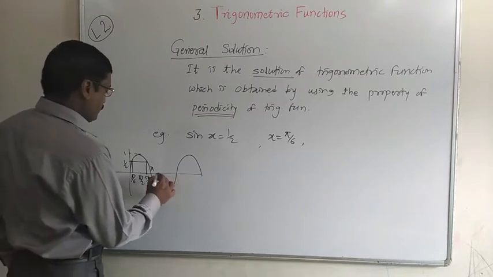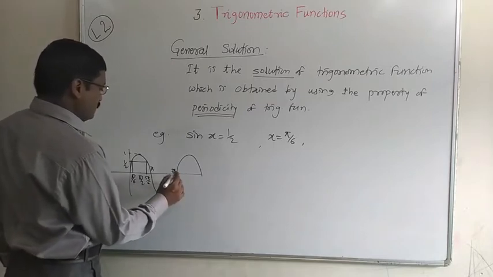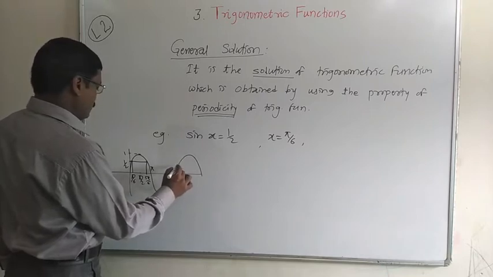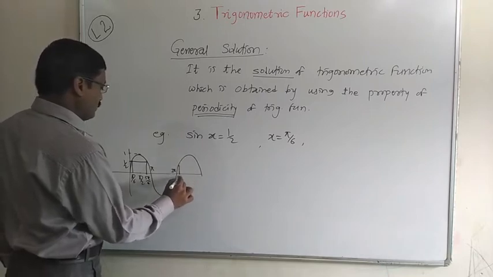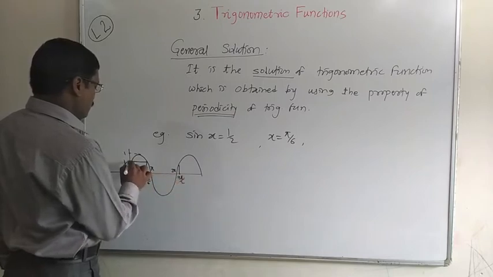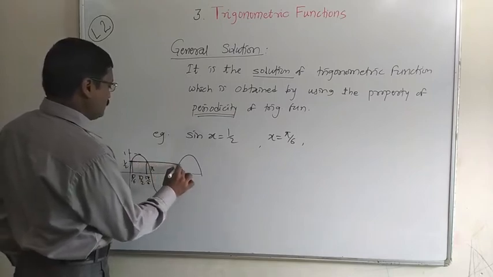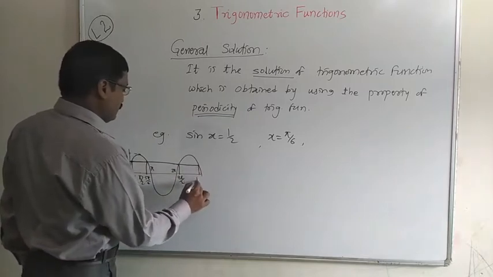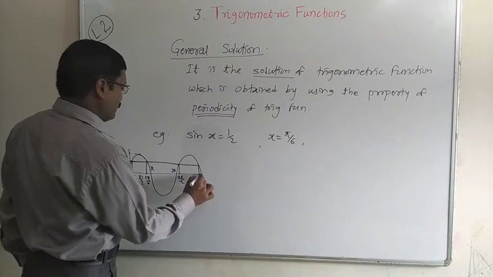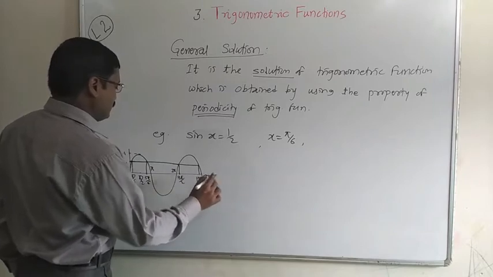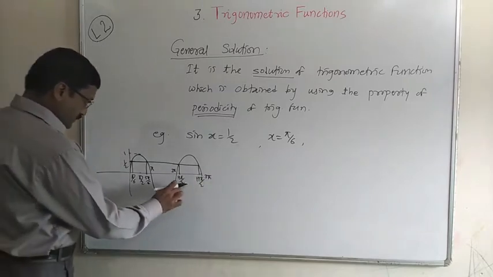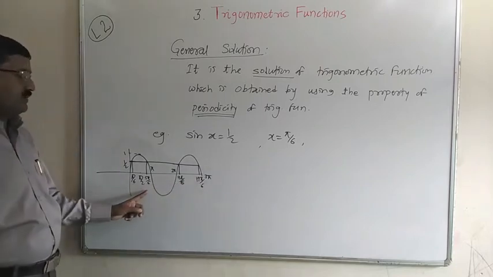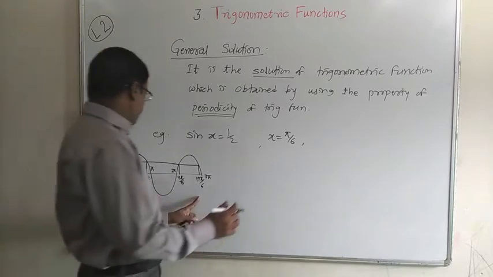Then after that is 2 pi, then 13 pi by 6 also gives the value of sin x equal to half. Then 17 pi by 6. So pi by 6, 5 pi by 6, 13 pi by 6 and 17 pi by 6.